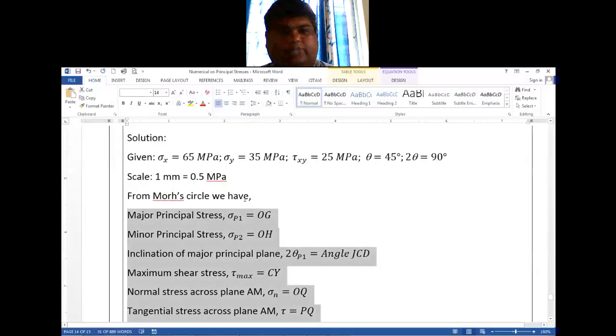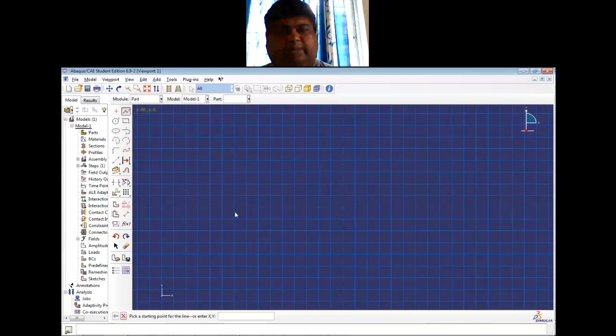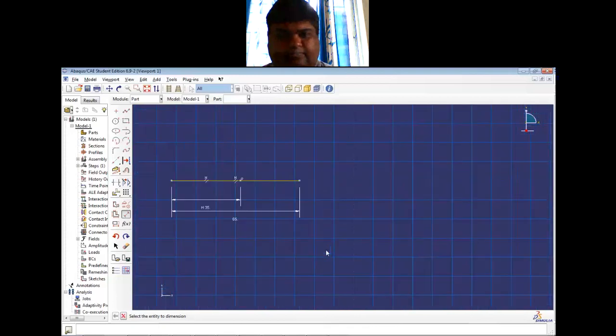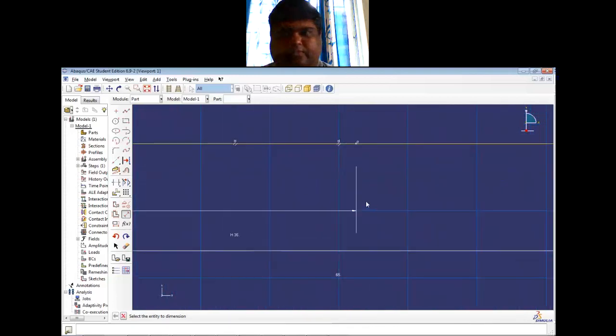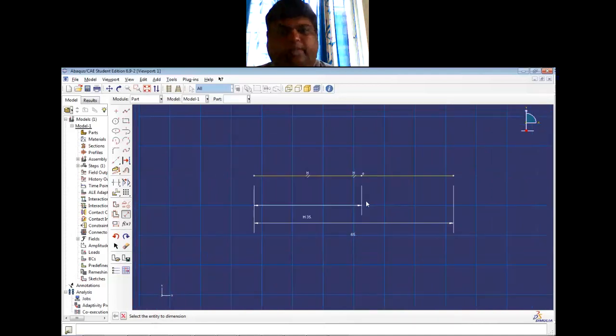So first, I have to draw a line of 65 megapascal. So from here, I'm using 1:1 scale so that it is faster for me. And then another line from here, which is 35 megapascal. Maybe just dimension this. This is 35 and this is 65. Right?